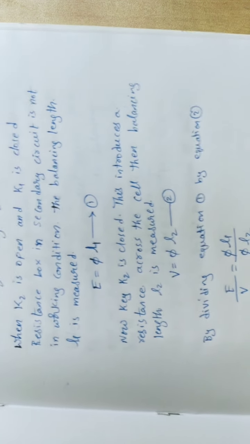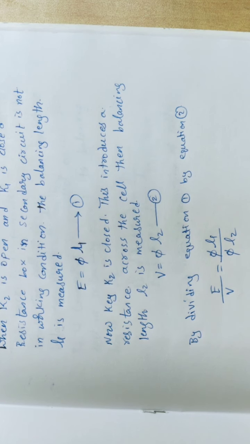By dividing equation 1 by equation 2, E by V is equal to phi into L1 divided by phi into L2. Next, by simple mathematical calculations we can get the result for internal resistance.